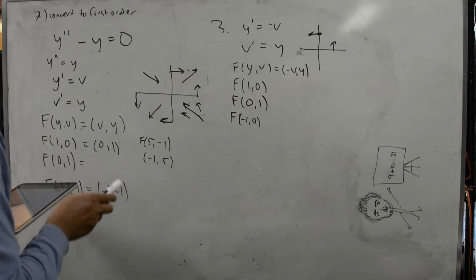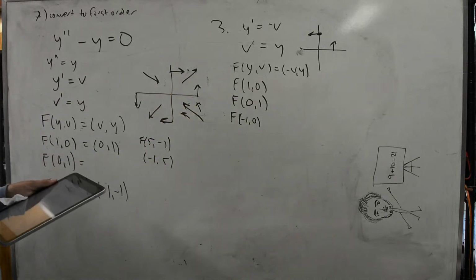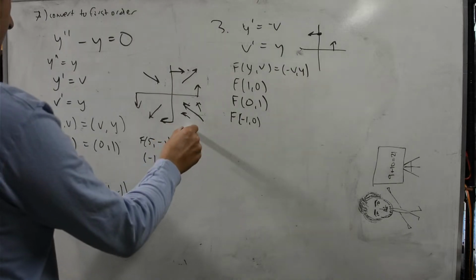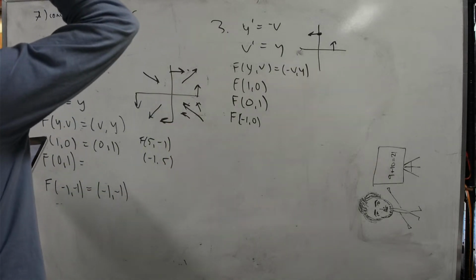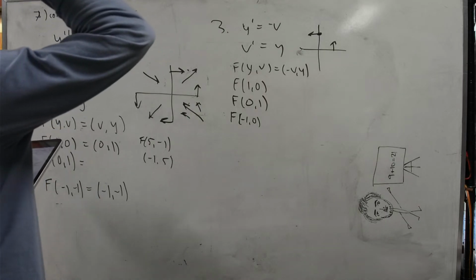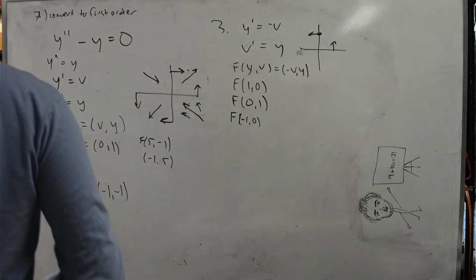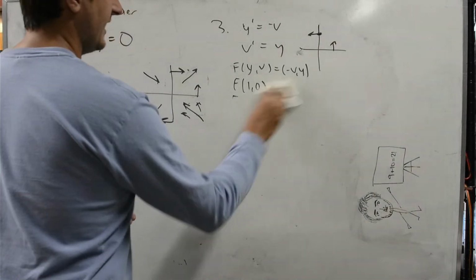So basically, if you're in the first or third quadrant, then it blows up. And if you're here... you know what we should do? Let's do our Jacobian. This is going to be fast.